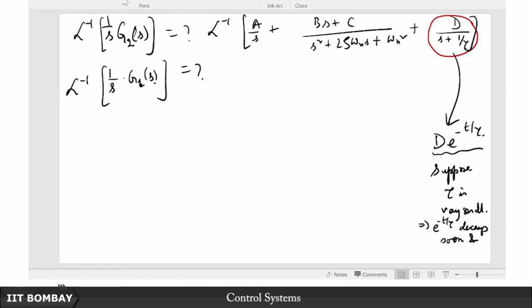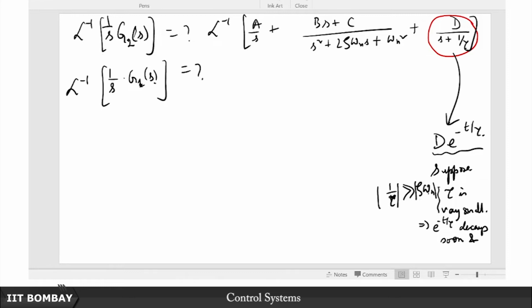The second consequence I am claiming is, if you just do a residue analysis, not a very deep analysis, and find the value of d when tau is very small, another way of stating that is that the magnitude of 1 by tau is much greater than zeta omega n, which is the real part of the underdamped poles.